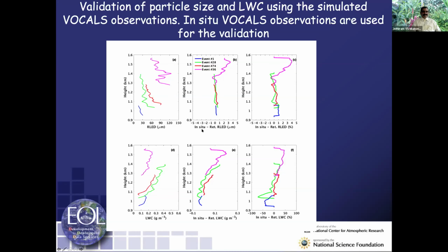Now, since I have an in situ measurement, I validated what I retrieved against the true measurement. You could see that within about plus or minus 5 micron, I could do that. Most of the particles I can retrieve to even less than 1 micron, very precisely, in a simulated situation like that. There were 4 events, all of them less than 1 micron.